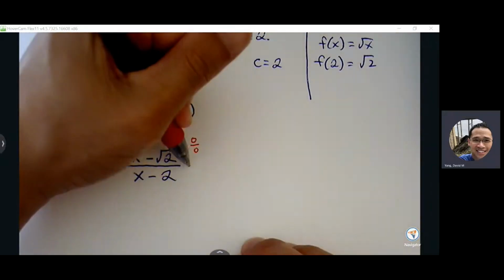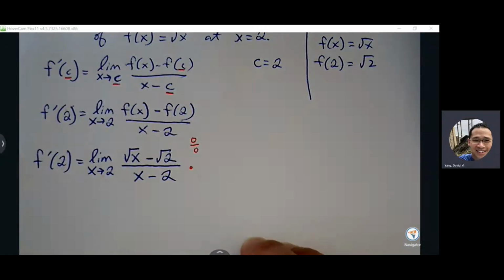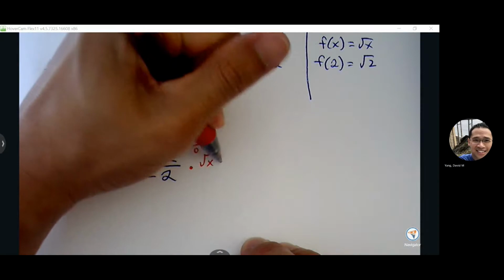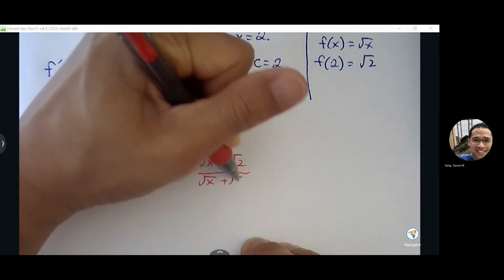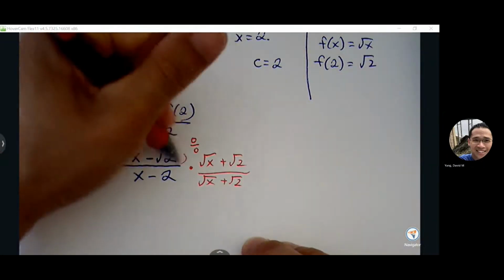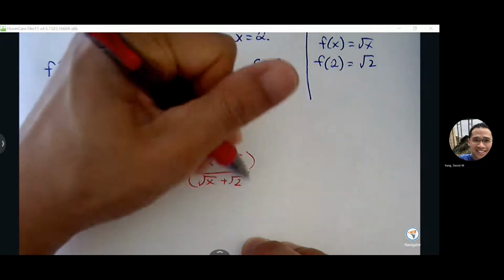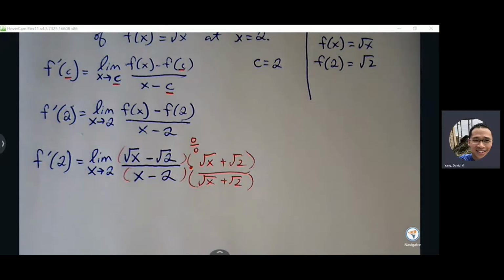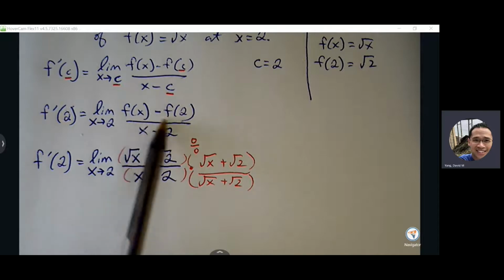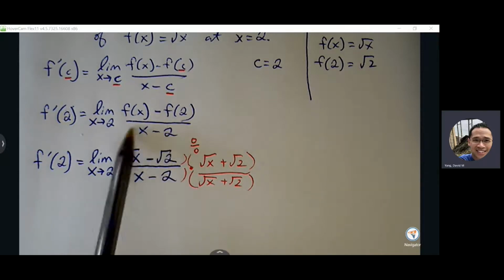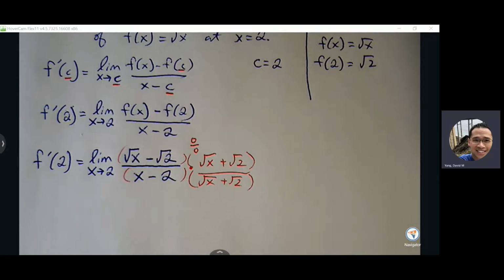So we multiply by the conjugate. This is a conjugate problem. Just like with all the conjugate problems that we've seen, we're going to expand the numerator but leave the denominator alone. If you look at your original limit problem, you see there's an x minus 2 in the denominator, and that's a hint as to what you want to show up in the numerator.